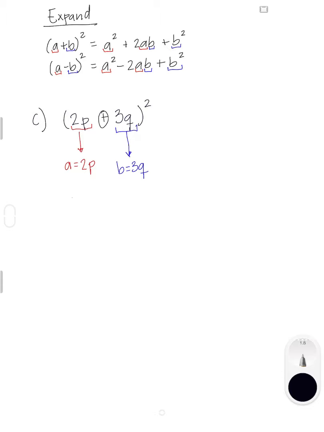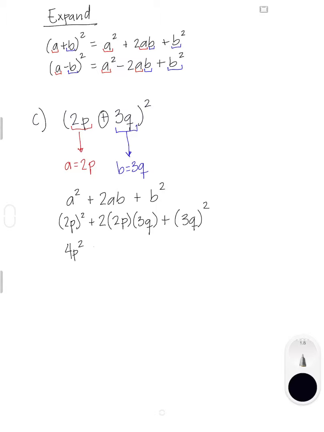Because we have a plus, then we're going to use the first rule, so a squared plus 2ab plus b squared. You can go ahead and plug in everything, so instead of a, this is 2p squared plus 2 times 2p, b is 3q, so times 3q, and then plus 3q squared.